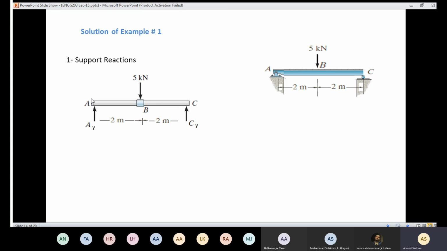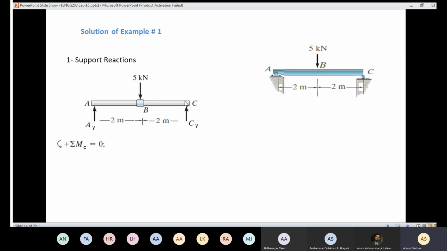I can take the moment here or here. It doesn't really matter. If you take the moment at A, you will be able to determine CY. If you take the moment about C, you will be able to determine the reaction AY. So I'm going to take the moment about C so that I'll be able to know the reaction AY.